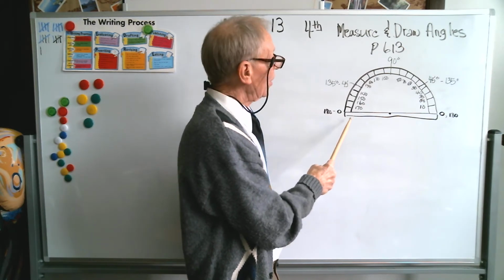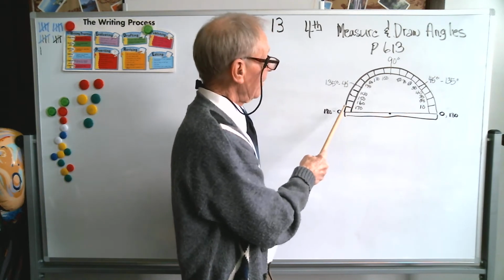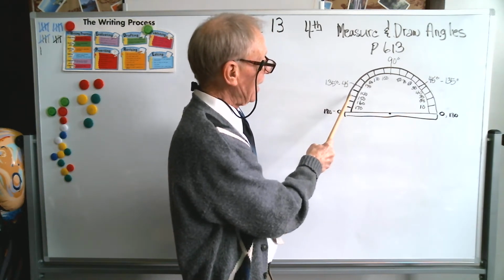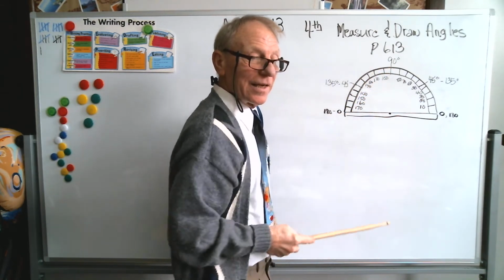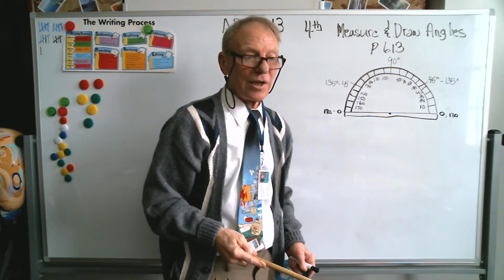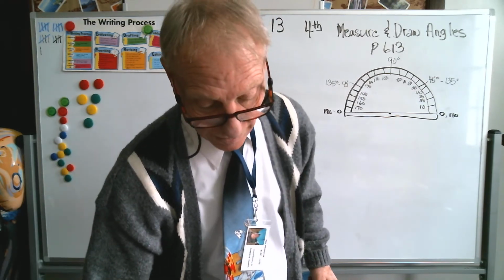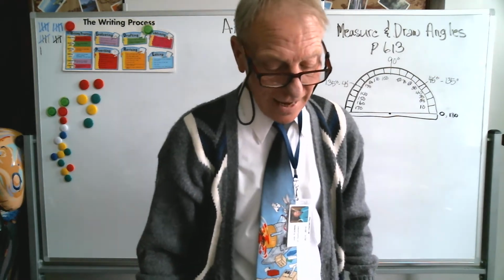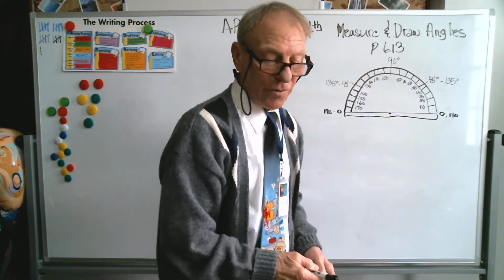Now, if I wanted to go clockwise with my measurement, then I'd have 0, 10, 20, 30, 40, 50, 60, 70. That's why there's two sets of numbers on the protractor. So let's see what kind of problems they have for us here. And how do you use the protractor to determine it?